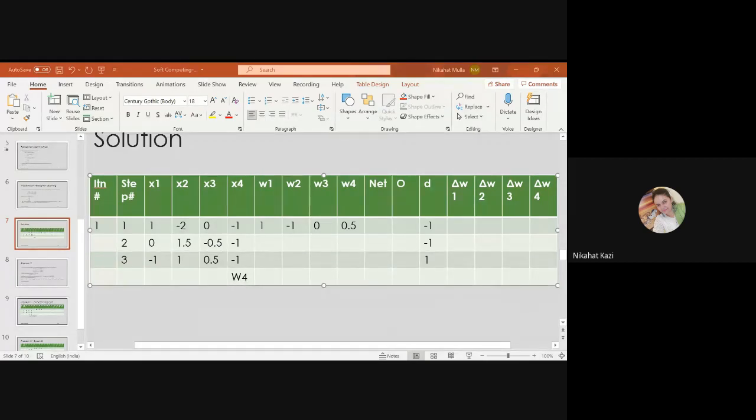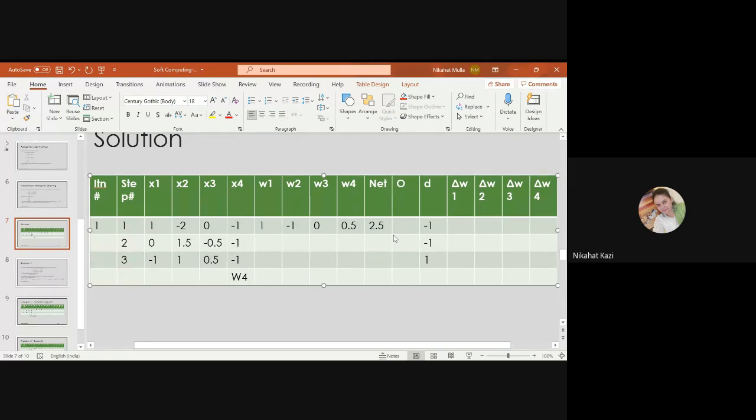The initial weight vector is given to us. I've just put it in the table. You tell me what is the net value. 2.5. Right. So it is 2.5.